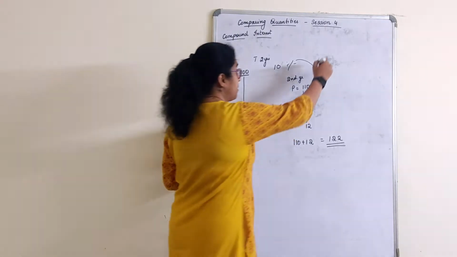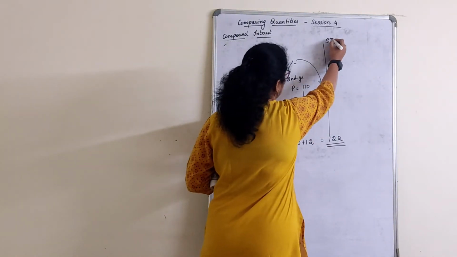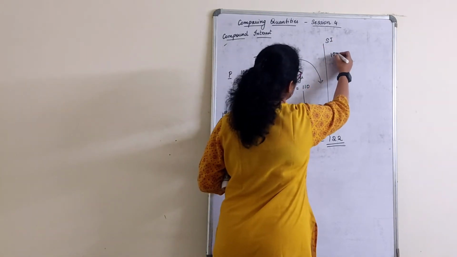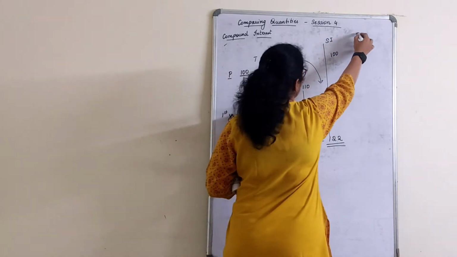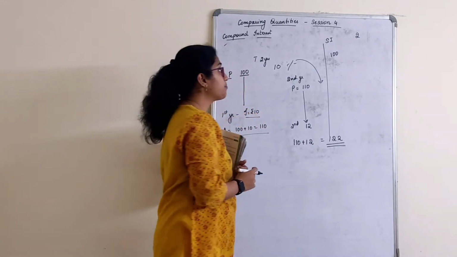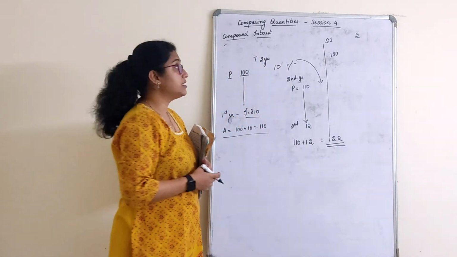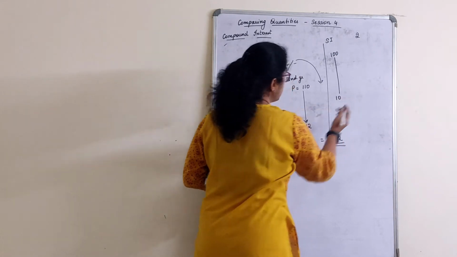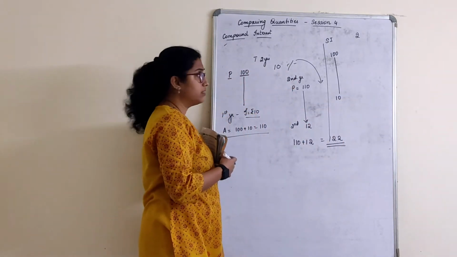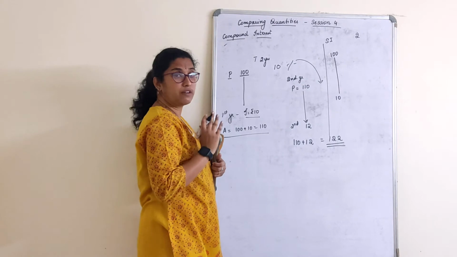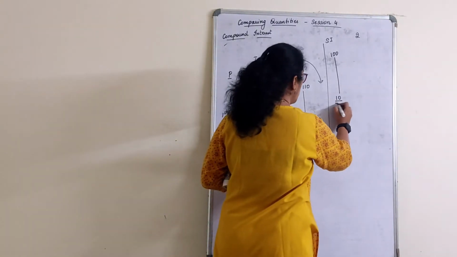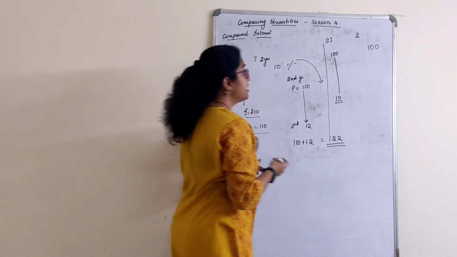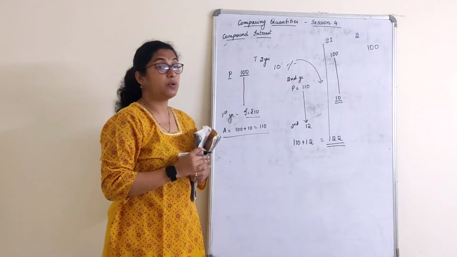Now let me talk about simple interest. Simple interest is calculated on the same amount. Rupees 100 is the principal amount kept for 2 years. At the end of the first year you get 10 rupees interest at 10% rate of interest. As it is, no change. Again for the second year your amount is considered as rupees 100 only, they don't add it.